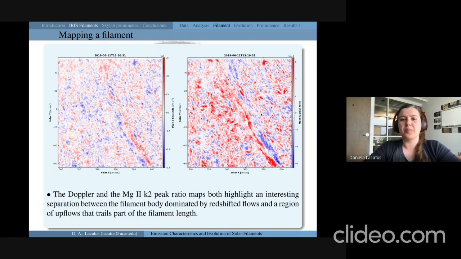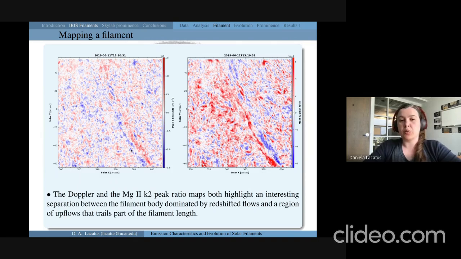This is the most interesting result from this filament. Here on the left, I'm showing the line shift, the Doppler shift of the line, and on the right, I'm showing the asymmetry, a proxy of the symmetry of the line, so which of the peaks dominates the emission, corresponding to each other.